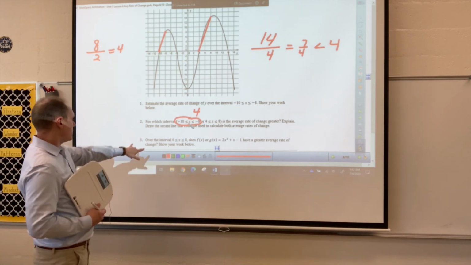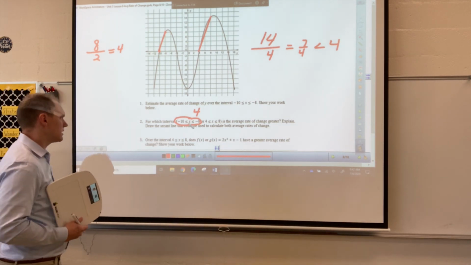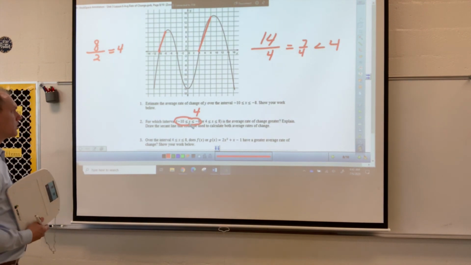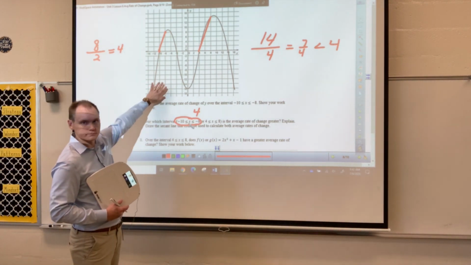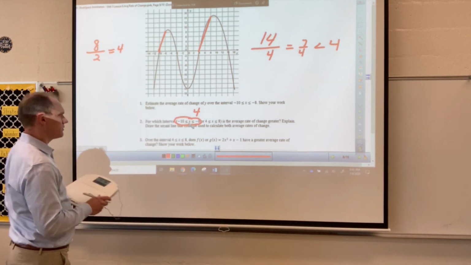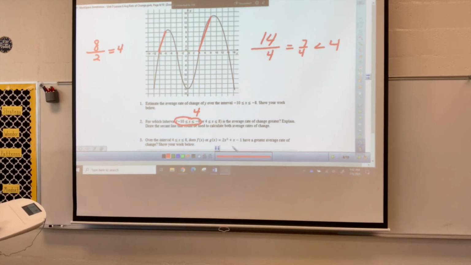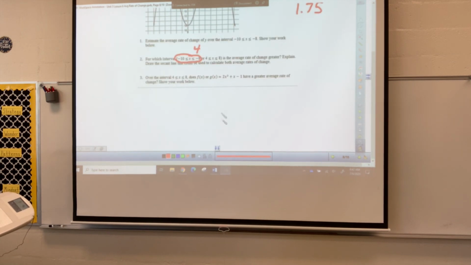Number 3, over the interval from 4 to 8, does f of x or g of x have a greater average rate of change? So f of x is the one graphed here. g of x is given to us in function form down here. Show your work. Okay, so we know that this one is 7/4, so that's going to be 1.75. And then let's look at g of x down here, from 4 to 8.